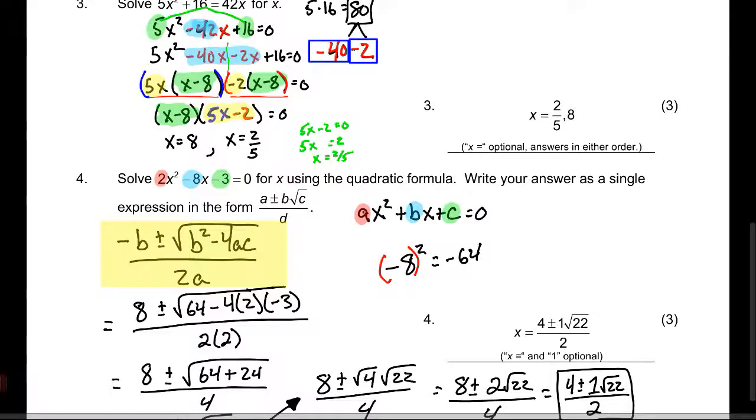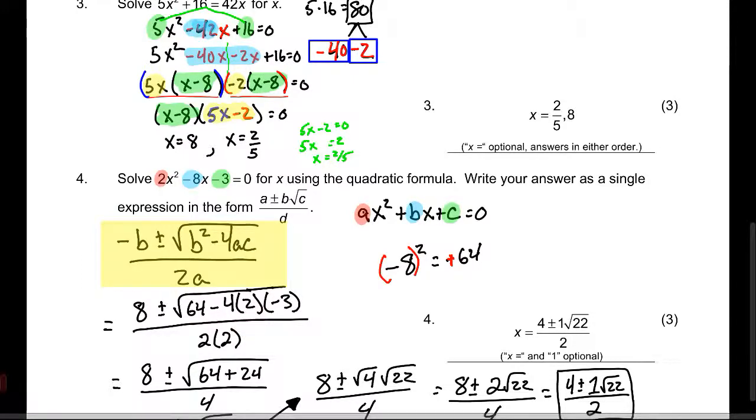We want to square the entire thing. We want a negative 8 times a negative 8, so that's going to be a positive 64. Anytime I square a number, it's got to be positive. Then minus 4 times a, which is 2, times c, which is negative 3, all divided by 2 times 2.